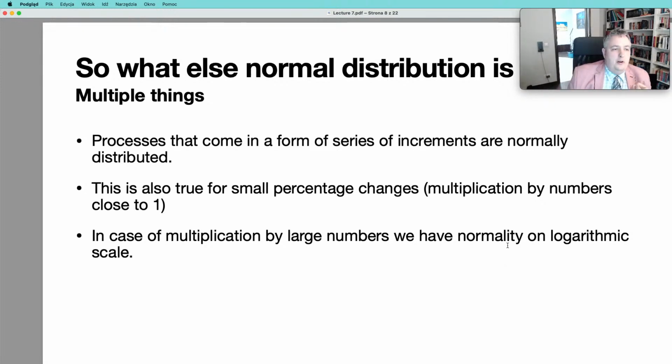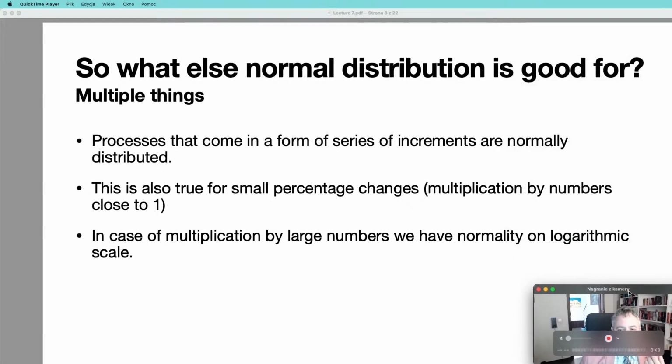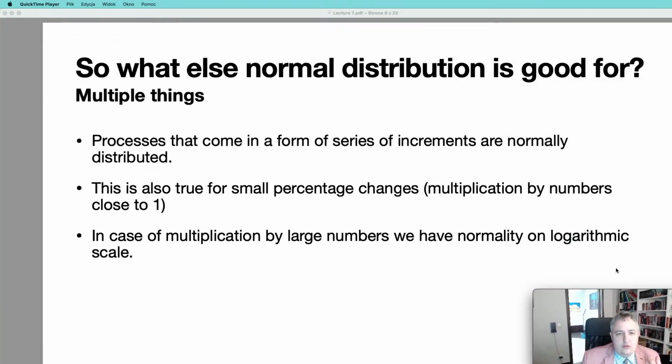So generally, the normal distribution is good for multiple things. We have processes that are a form of increments, which happen very often, and those sums will be normally distributed.